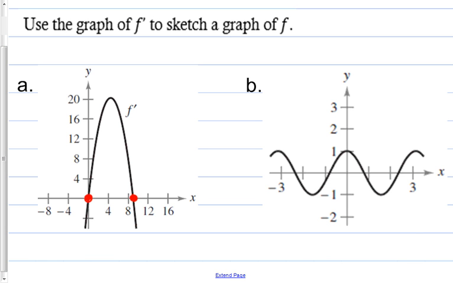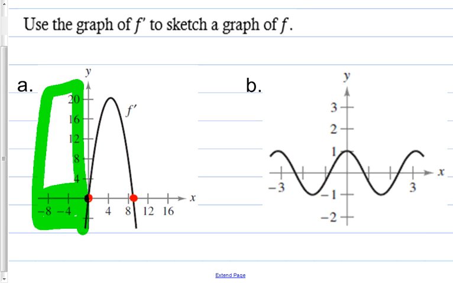For this section right here, my graph is negative. It is below the x-axis. That's the only little piece right there. So that means that my original function was decreasing.